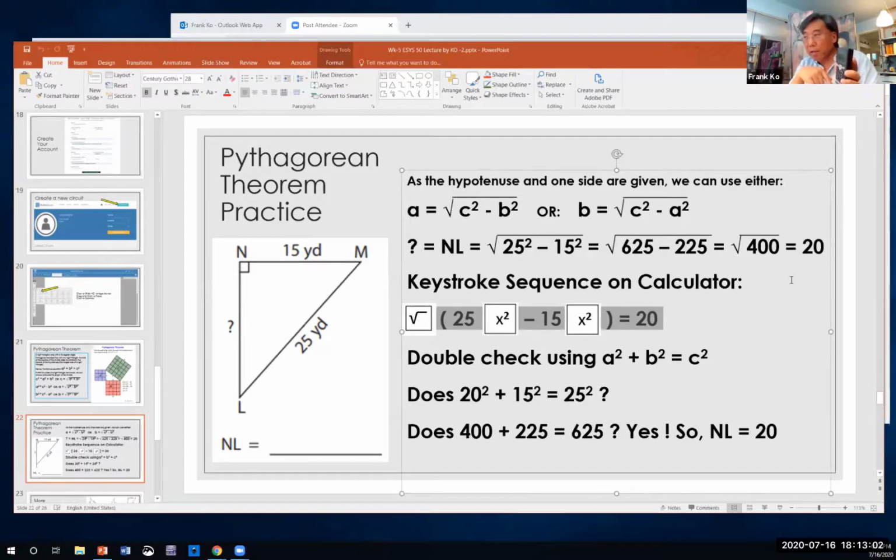Subtract. Then you hit 15, and then the x squared key. Then you have to close parentheses. Then you hit equals. When you hit engineering, in one fell swoop, one single line of keystrokes, you will have 20. The same result as we did two lines above on the slide, but this is with one single keystroke sequence. So you got to learn how to use this calculator effectively.